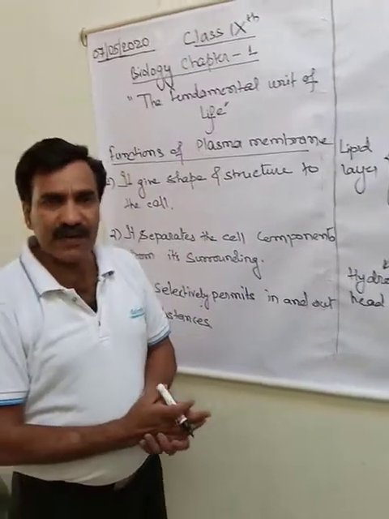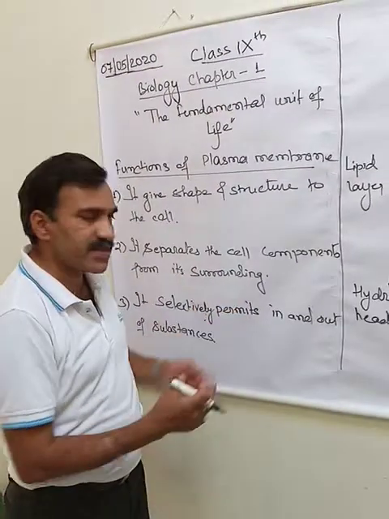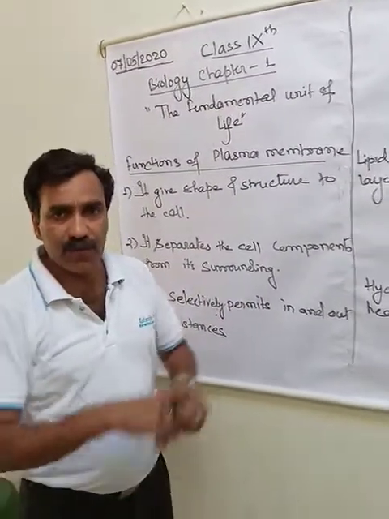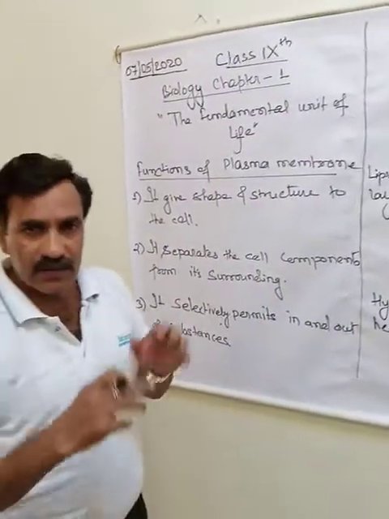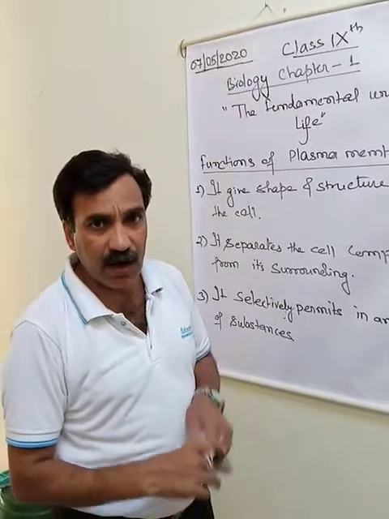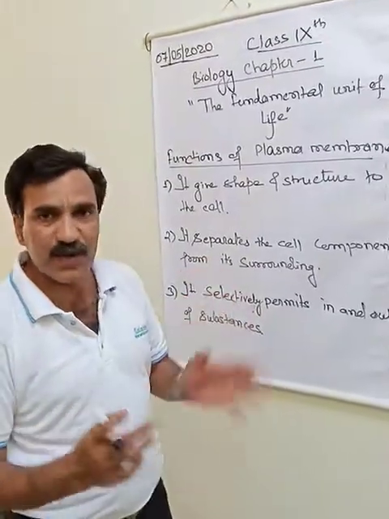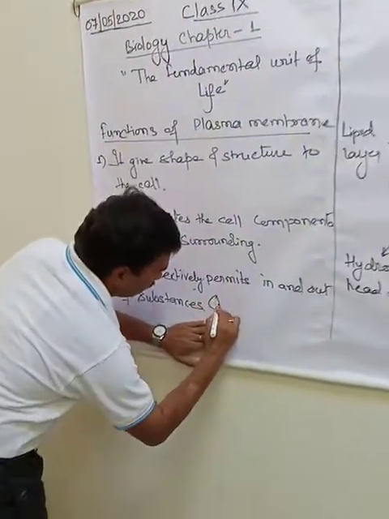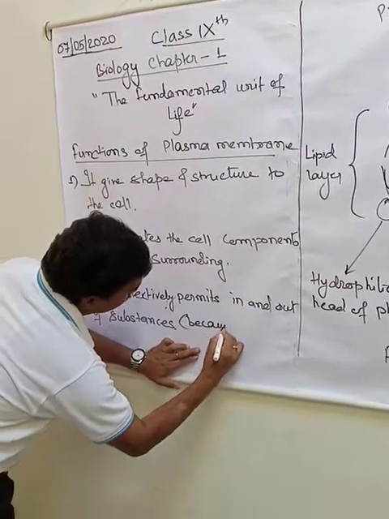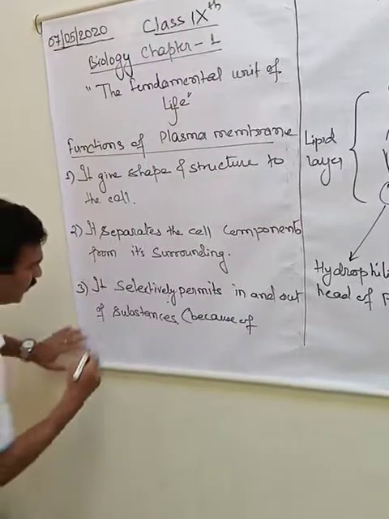It is the plasma membrane which governs which substances should get inside the cell from its surrounding and which substances must go outside the cell. However, this is possible only because of concentration gradient.